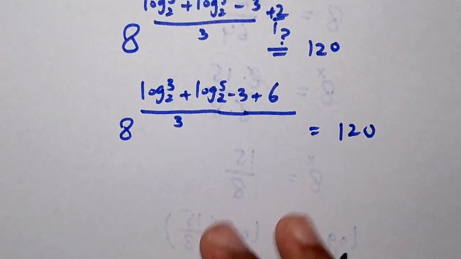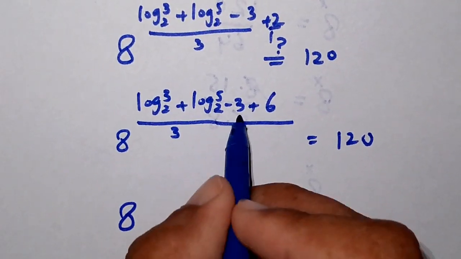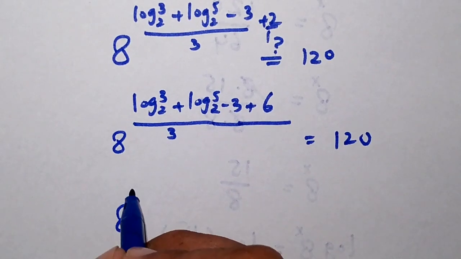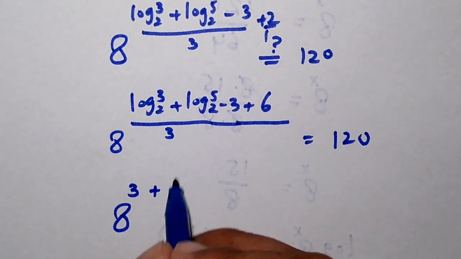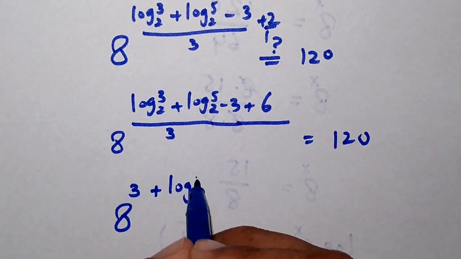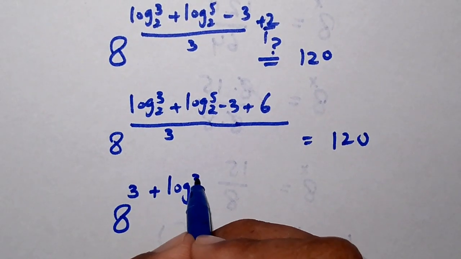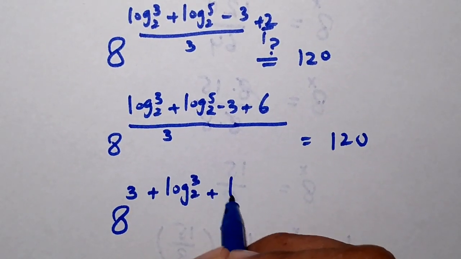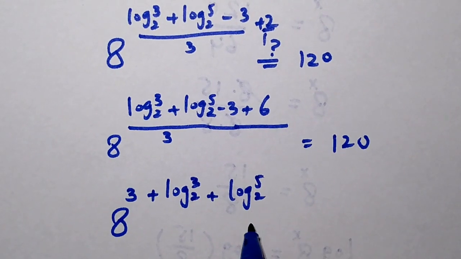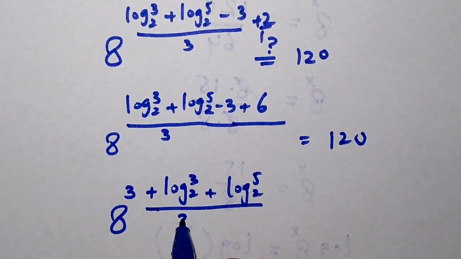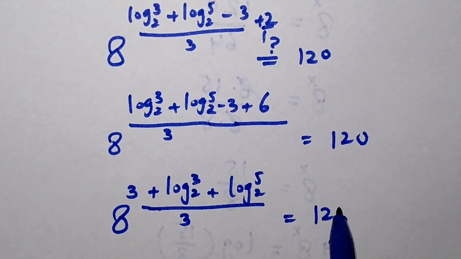Now in the next step, a to the power of 6 minus 3 is equal to 3 plus log of 3 of base 2 plus log of 5 of base 2 over 3 is equal to 120.